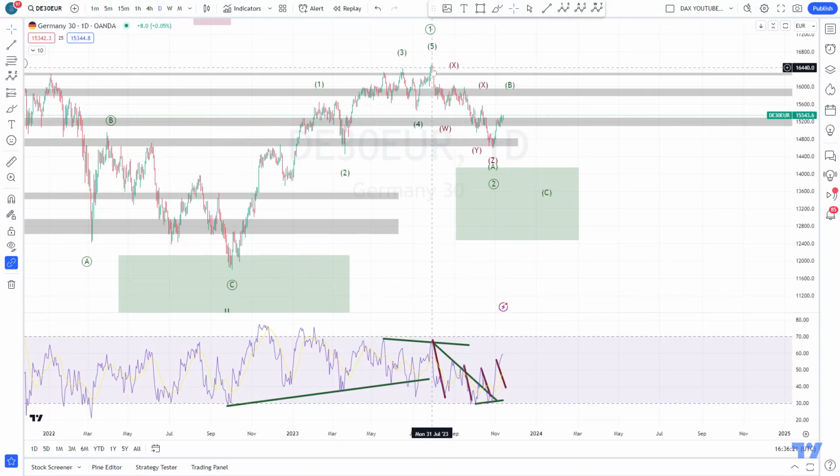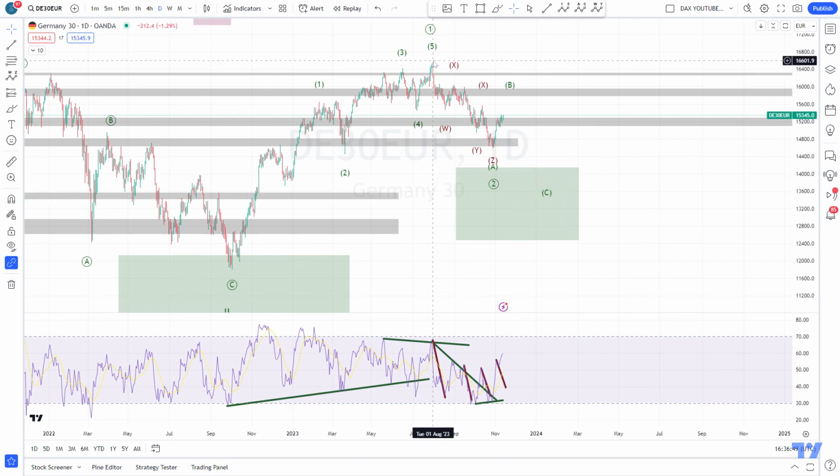However, it could still be that while the Nasdaq and the S&P 500 are doing their wave 5 up, here in the DAX we are doing the wave B. And then when the wave 5 is finished, when we need another correction in the Nasdaq and the S&P 500, then in the DAX we could get the wave C down.